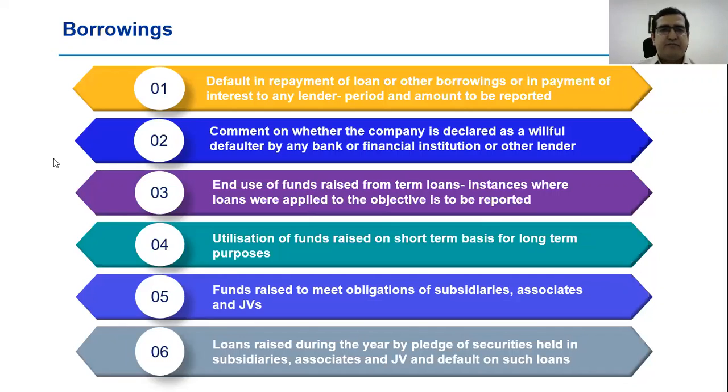The next item that the auditor needs to report on is whether the company is declared as a willful defaulter by any bank or financial institution or any other lender. Again, a very interesting kind of clause, because if one had to really look at this particular requirement, the list of willful defaulters declared by banks or financial institutions are available publicly. Any lender, any reader of the financial statements can do their own search and get that list.